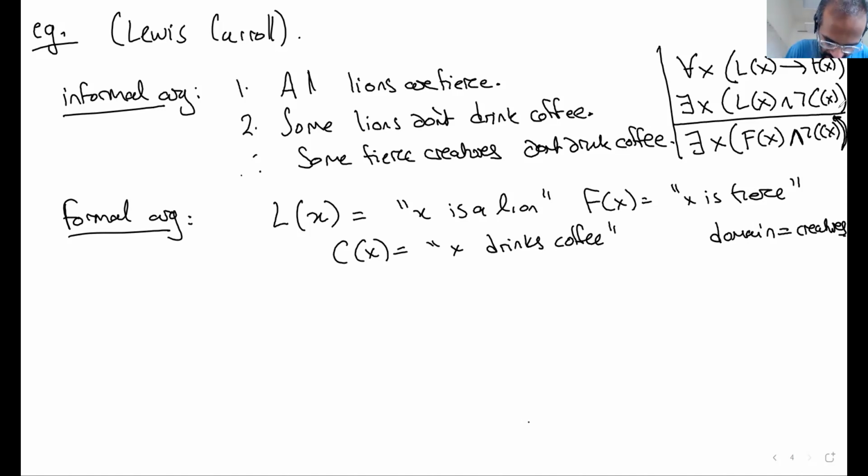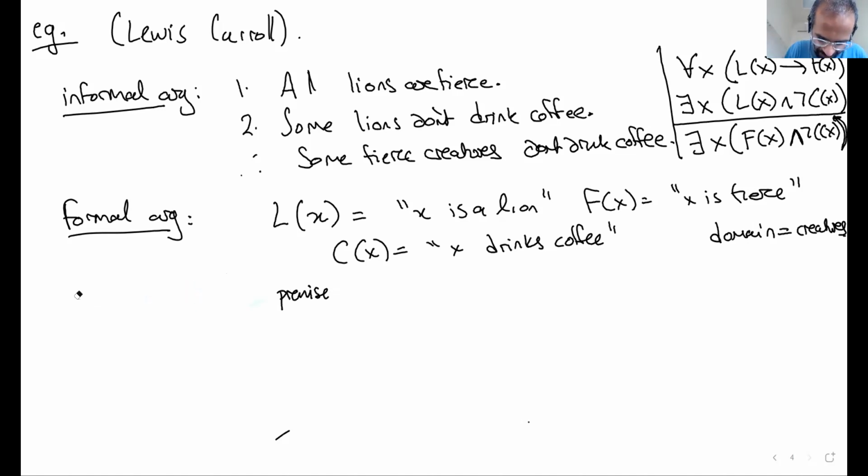Okay, so let's do the formal argument. So all lions are fierce. That's a premise. So for all x, L of x implies F of x. That's a premise. Actually, sorry, I don't want to write that first.